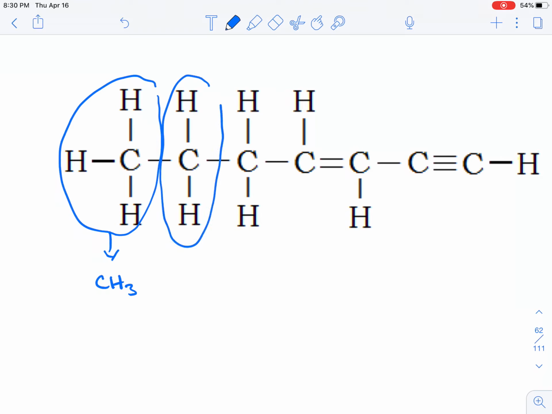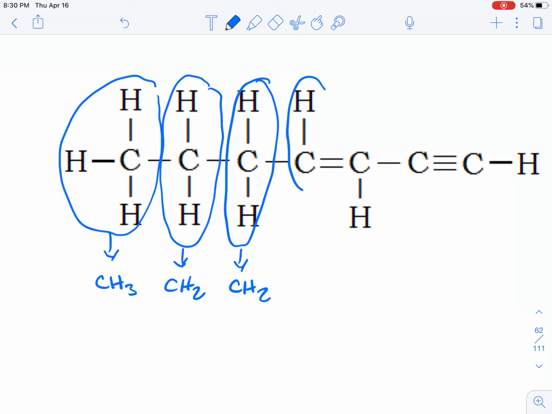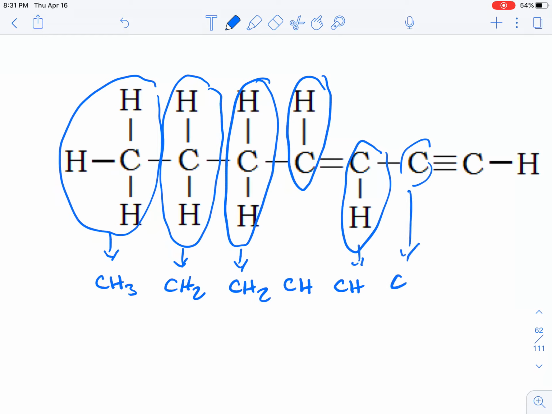We're going to summarize this section as CH3, this section as CH2, this section as CH2, this carbon as just CH, and then here we have another CH, and then here we just have C, and then here we have another CH.